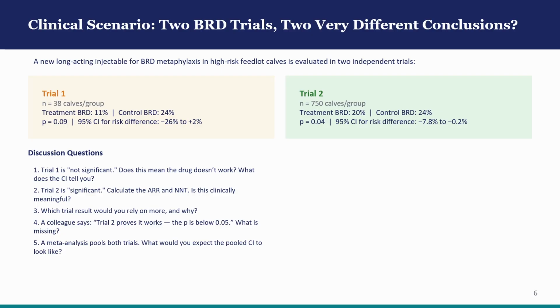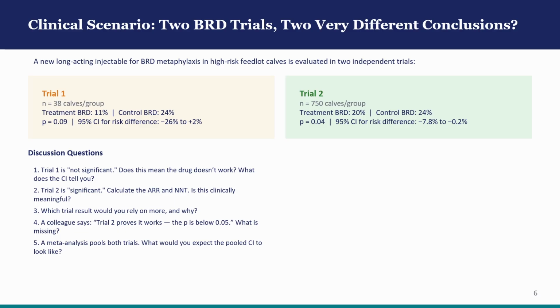Second question answer. ARR equals 24% minus 20% equals 4%. NNT equals 1 divided by 0.04 equals 25 calves. The result is statistically significant. Whether it's clinically meaningful depends on cost versus benefit.